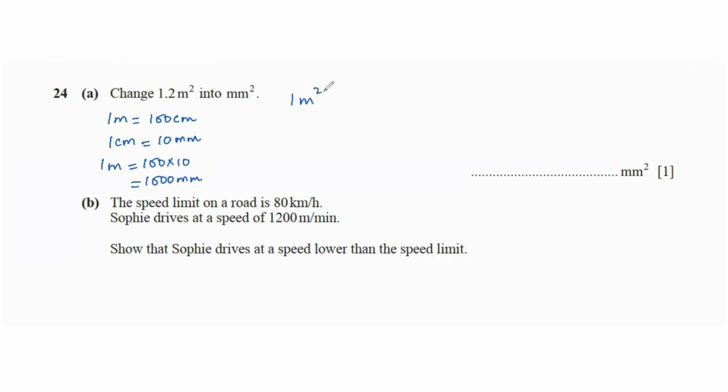So 1 meter square would be 1,000 times 1,000, which is a million millimeters square. So now we will multiply 1.2 by this. This would give us 1,200,000 over here.